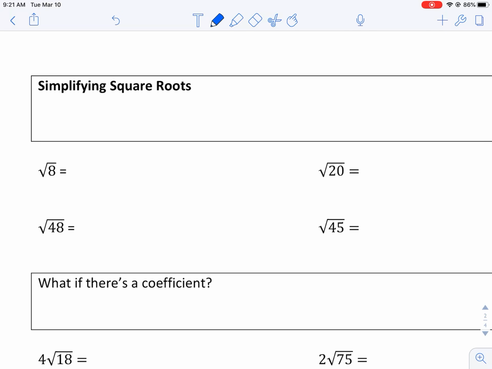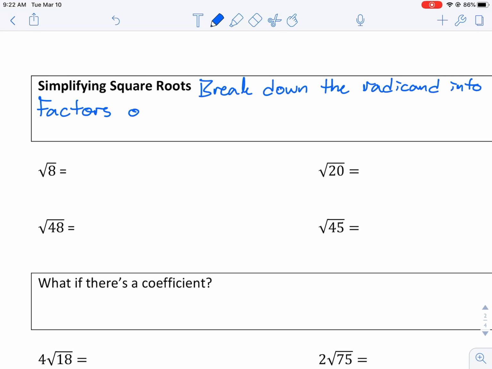So let me write that note down. We're going to break down the radicand into factors of perfect squares.